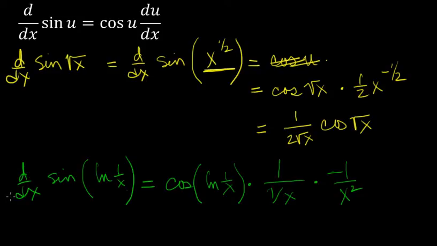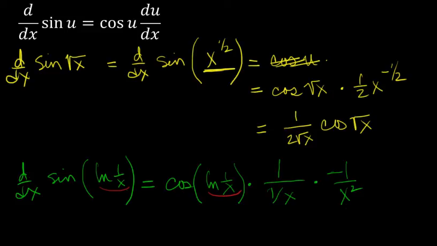Use the chain rule 2 times. First, we had the derivative of sine as cosine. Notice that the argument was the same. Then we multiplied by the derivative of the natural log of 1 over x, and we got 1 over 1 over x, and then multiplied by the derivative of 1 over x.